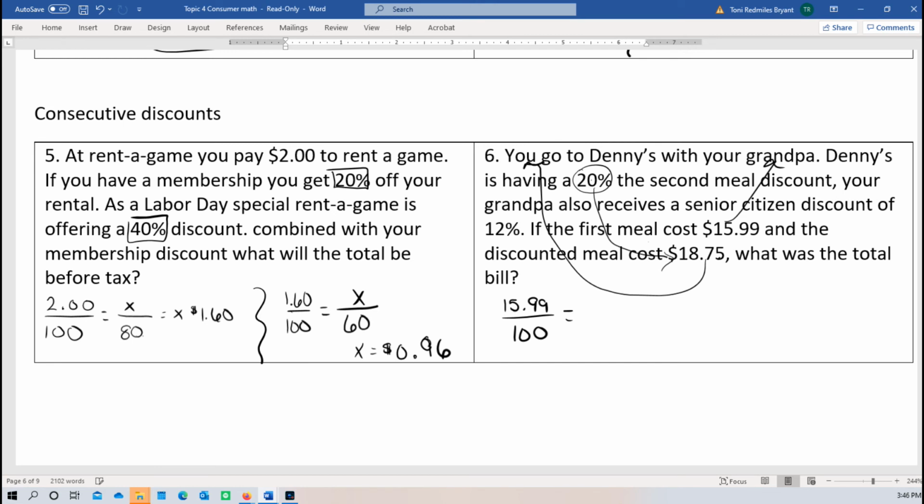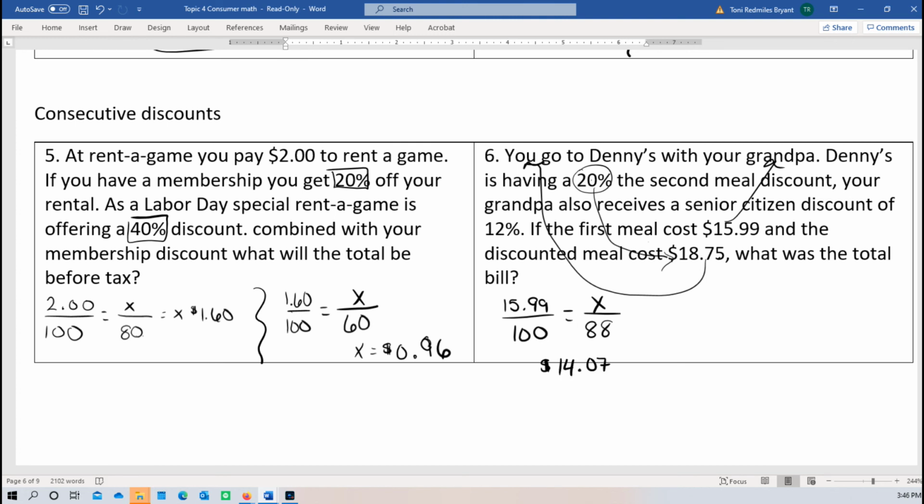Okay. So he's only going to pay 88% of the total. All right, let's figure that one out. So that means your grandpa's meal is discounted to $14.07.